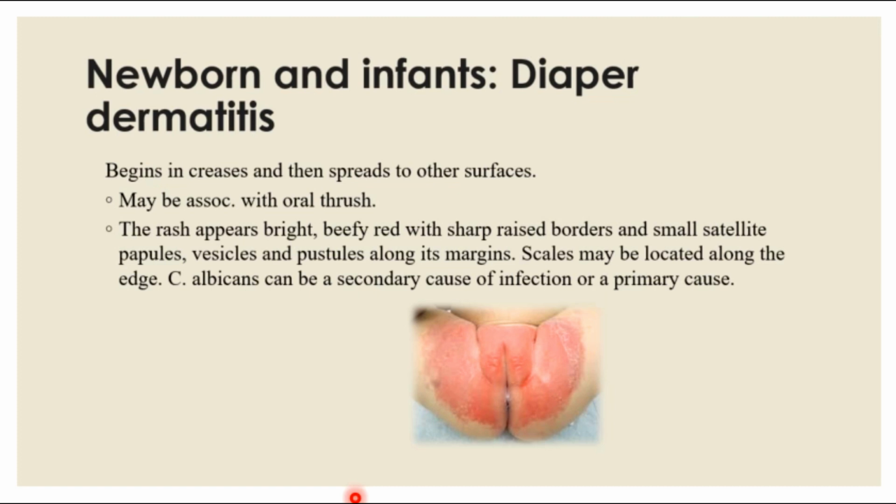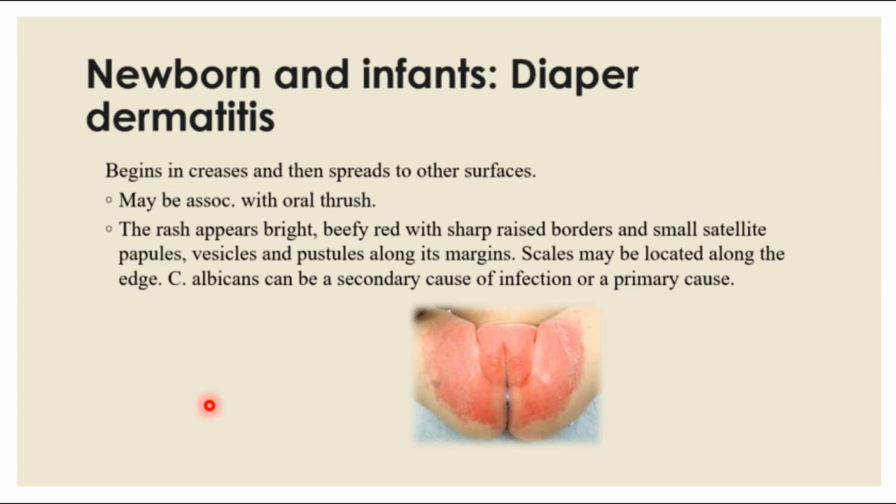If the child urinates on a full diaper, the urine will sediment between the creases instead of going out on the skin. So this is where the organism would flourish and spread from the crease outward. It may be associated with oral thrush, which is caused by Candida albicans.